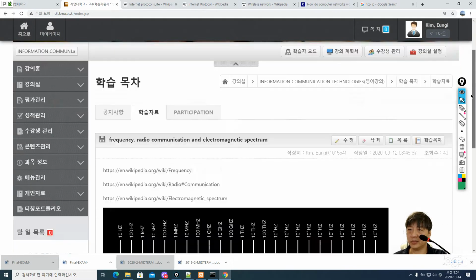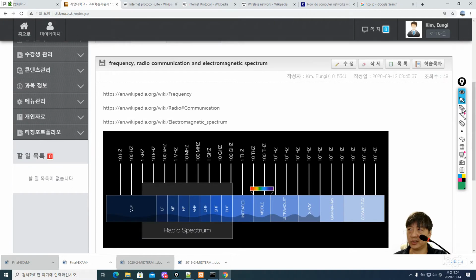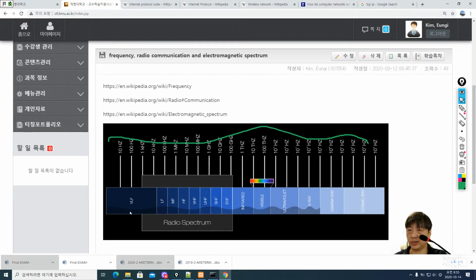Okay, so number 5, we talked about the radio spectrum, the different types of radio waves, which are different types of electromagnetic waves.